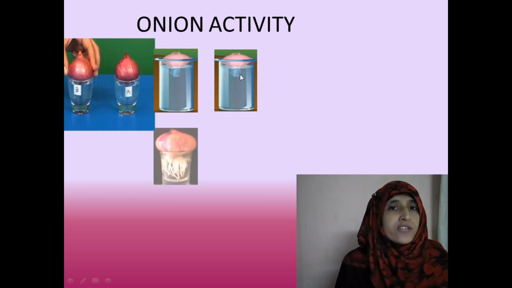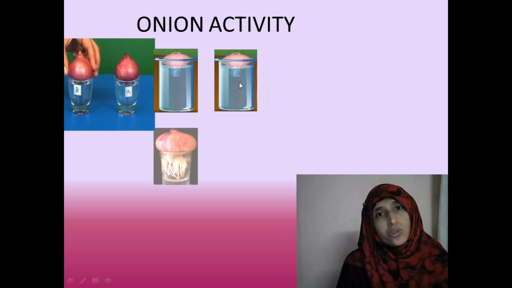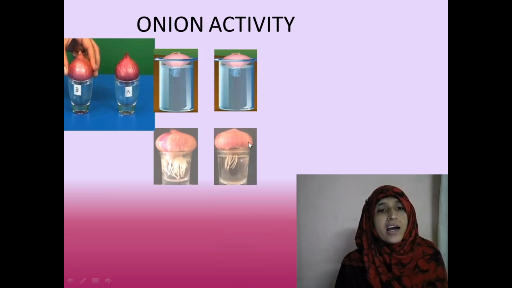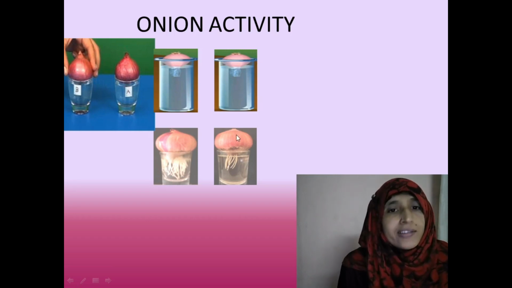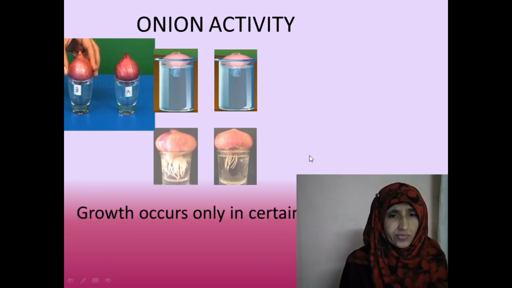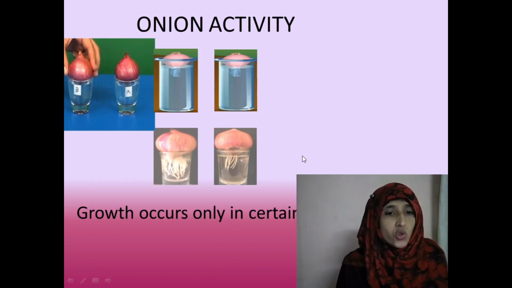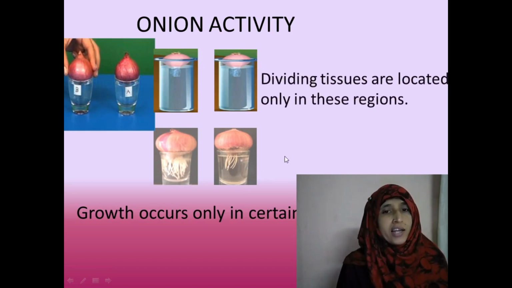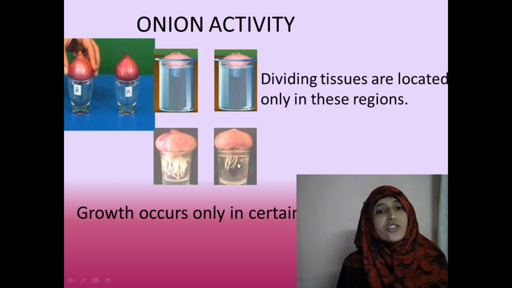We are going to take the onion from the second jar and trim the growth section. Notice after a few days, do you see any growth or not? When we do that, we see that whenever we trim the growing part, that part does not grow. What it indicates is that growth happens only at certain specific regions. Just because we have trimmed that part in the second jar, there is no further growth in the second onion. So it shows that dividing tissues are located only in specific regions.